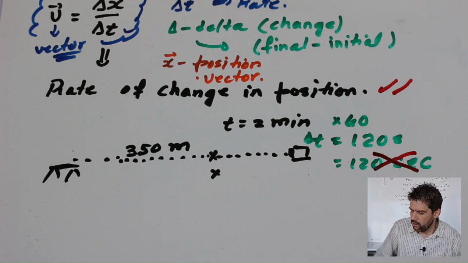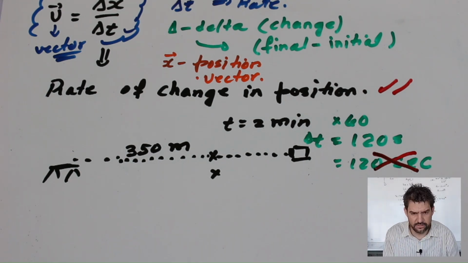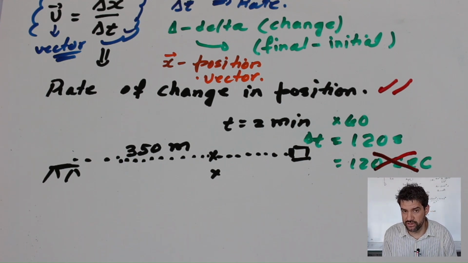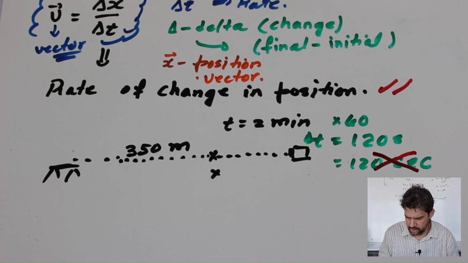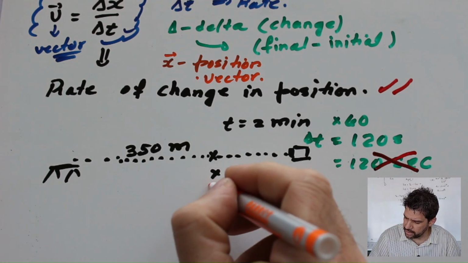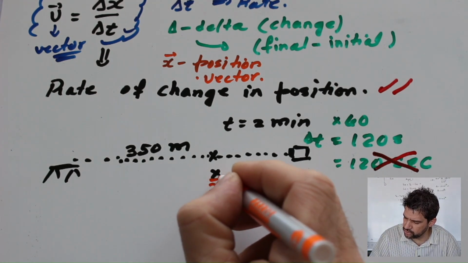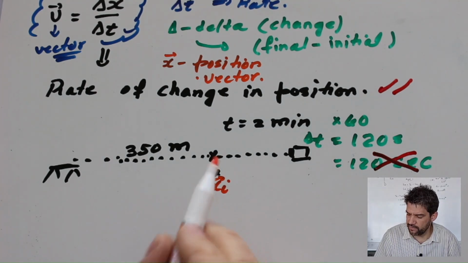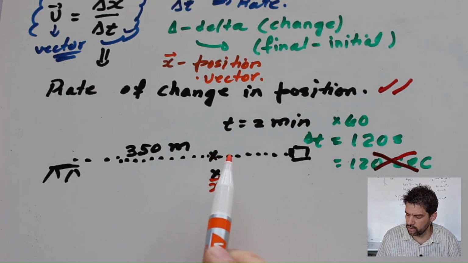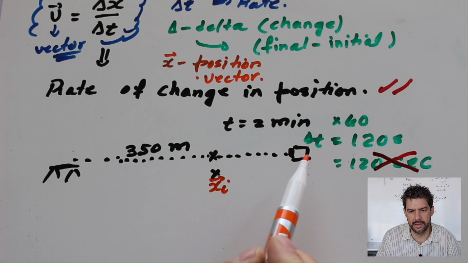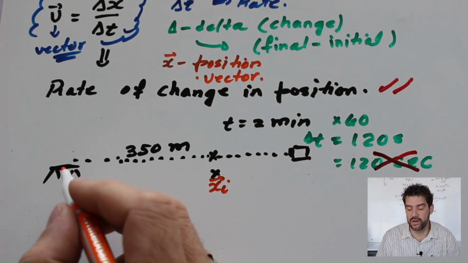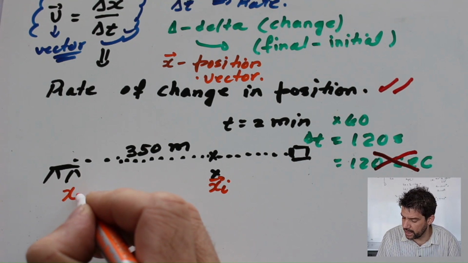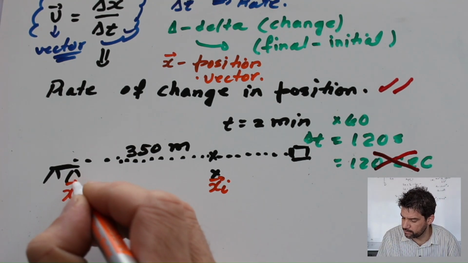Okay, so now let's see, they're asking for velocity or average velocity. What we have here, the initial position of the object is here. This is the initial position of that forklift. The final position, even though that forklift is going all the way to the east and then all the way to the west, the final position when that forklift stops is right at the table. So this is the final position.